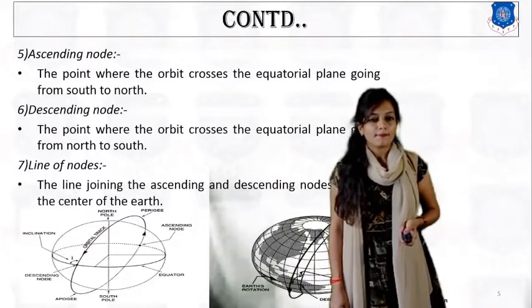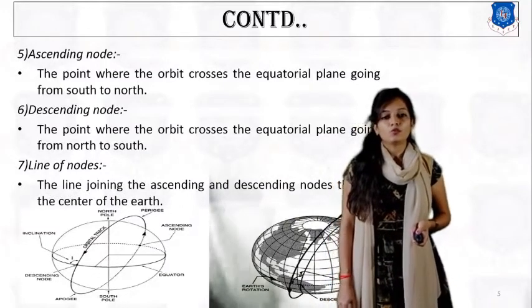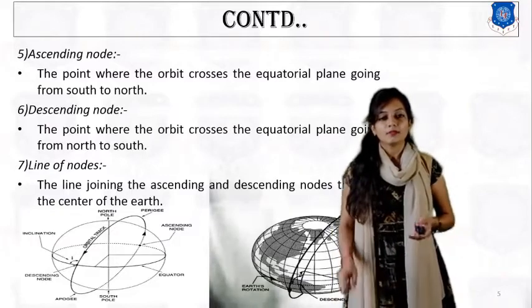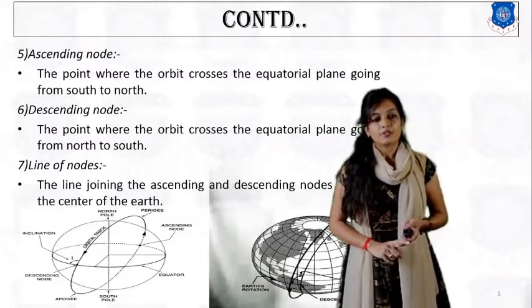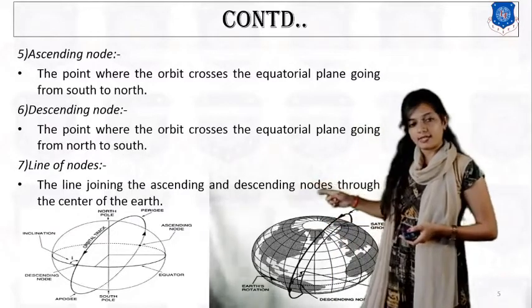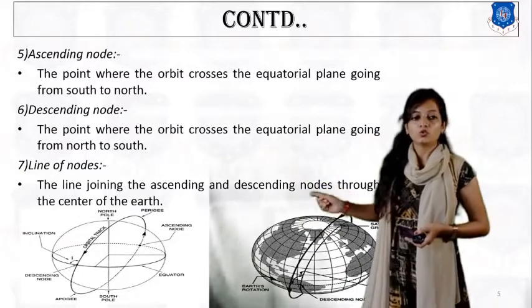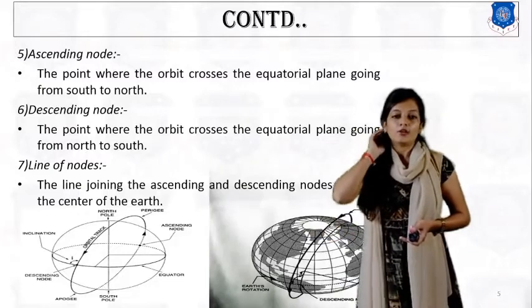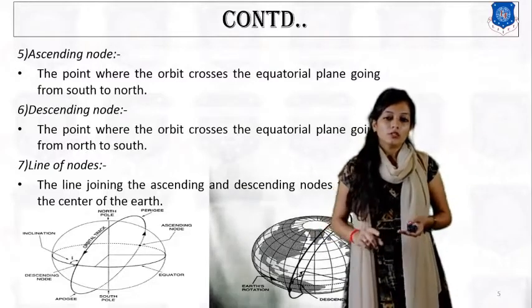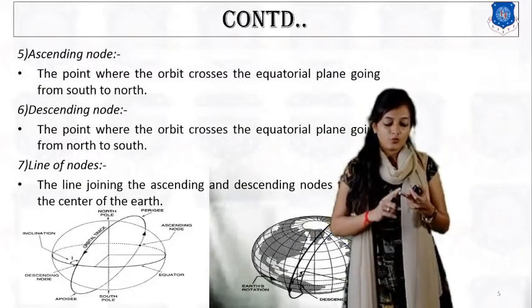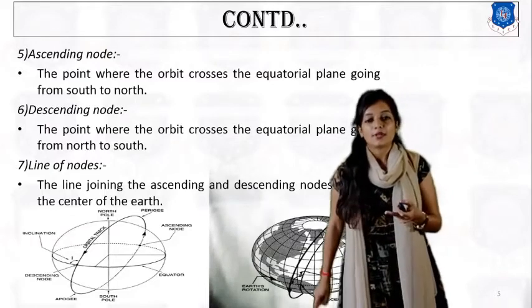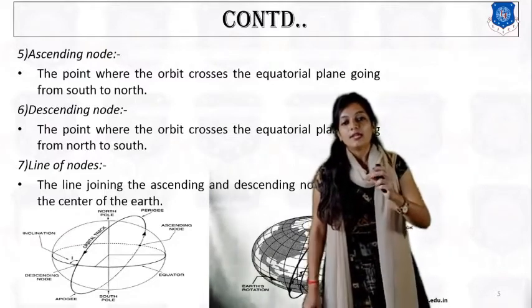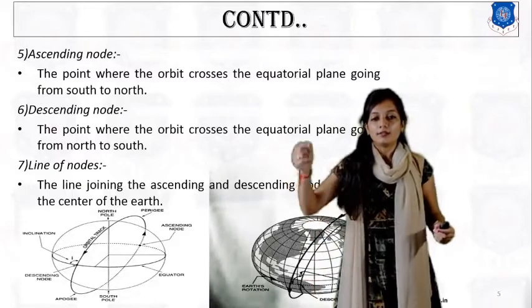So what is line of nodes? Line of nodes is the line joining the ascending node and the descending node through the center of the Earth. The difference between line of nodes and the line of apsides is that line of apsides includes the apogee and the perigee point.